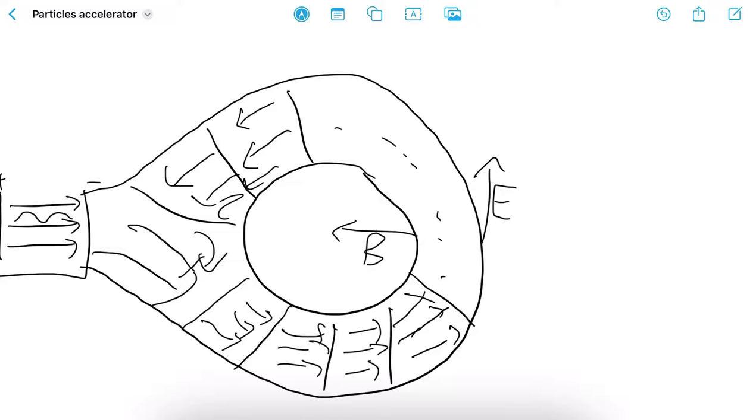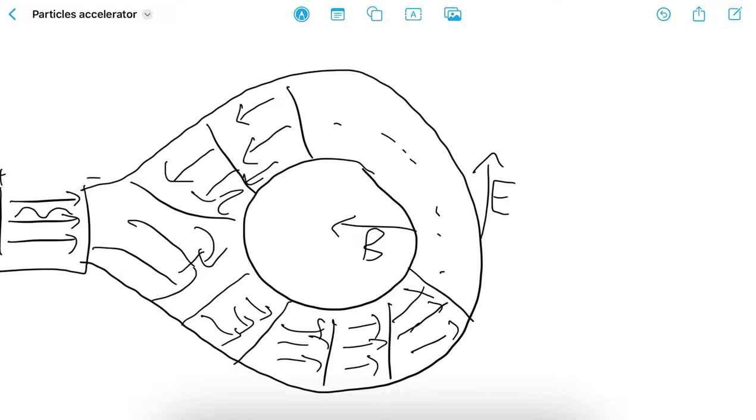So how do we provide that magnetic field? The electric field can be generated from two oppositely charged planes.